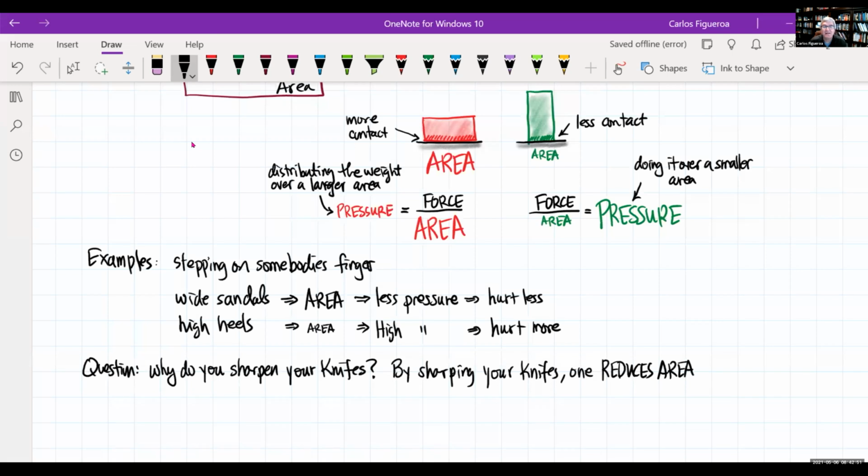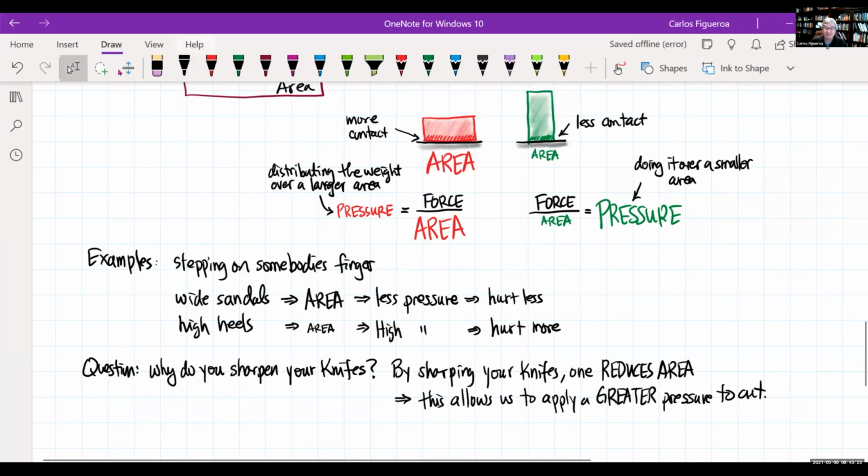Area. It's not about force. And when you reduce area, this allows us to apply a greater pressure to cut. Surprising, isn't it? You may not have thought about knives in that language.